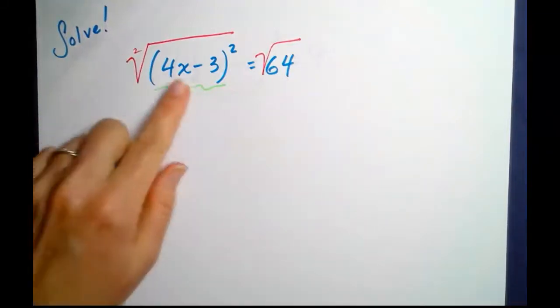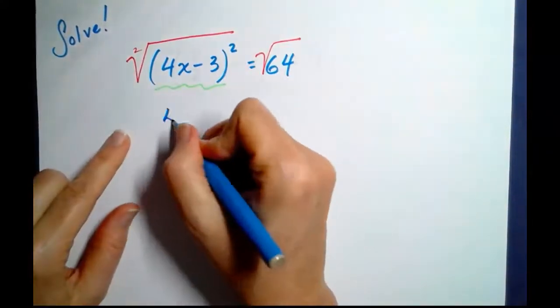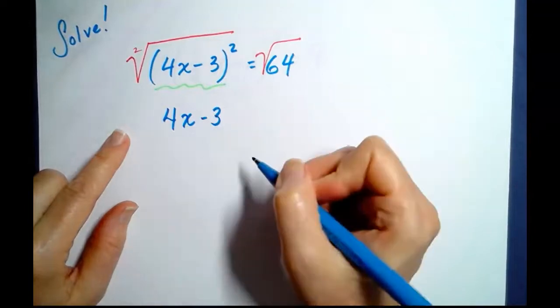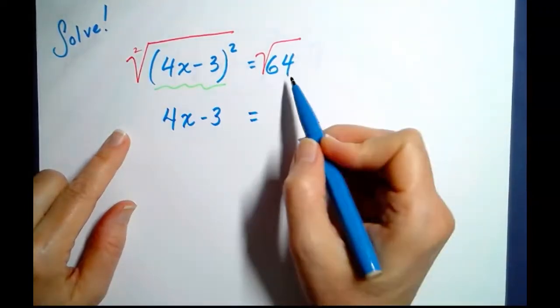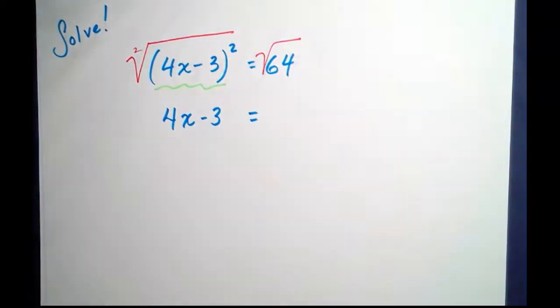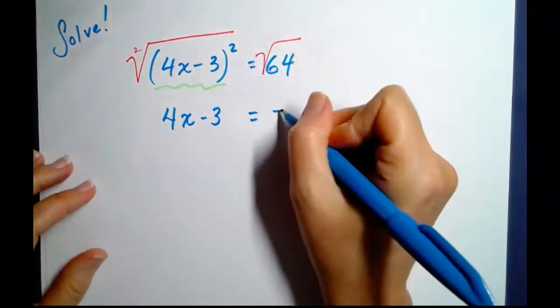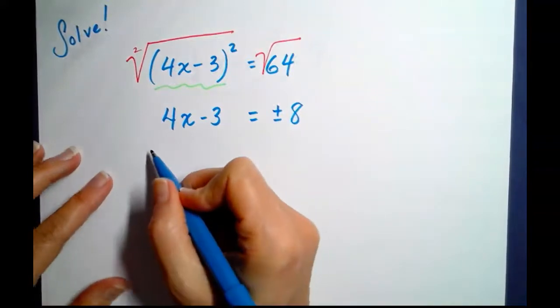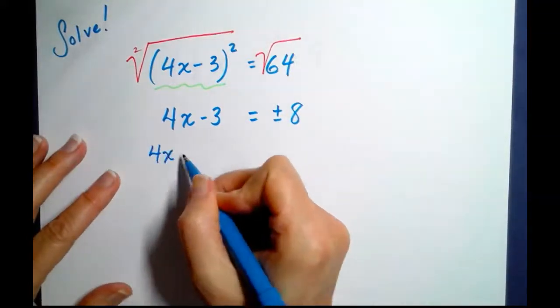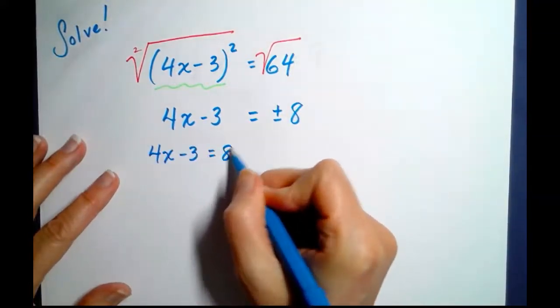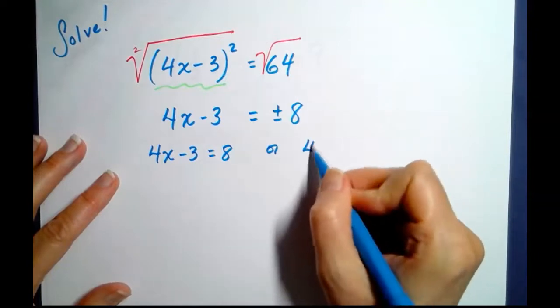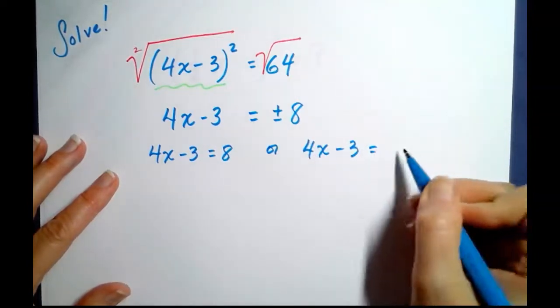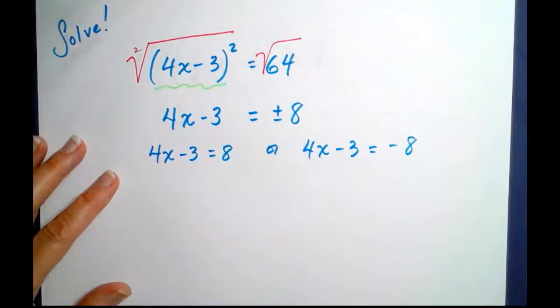So the square root of 4x minus 3 squared is 4x minus 3 equals the square root of 64. The square root of 64 is plus or minus 8. Set up two equations. 4x minus 3 equals positive 8, or 4x minus 3 equals negative 8.